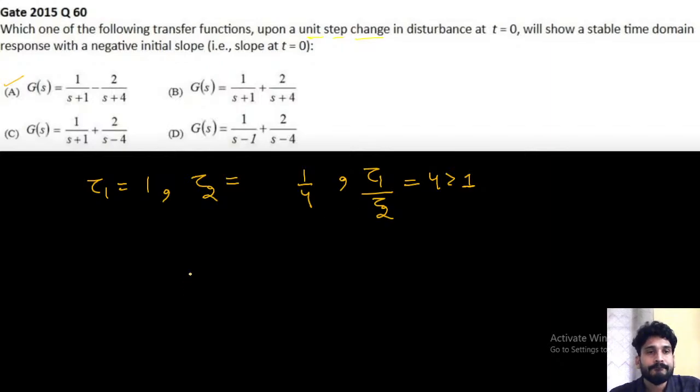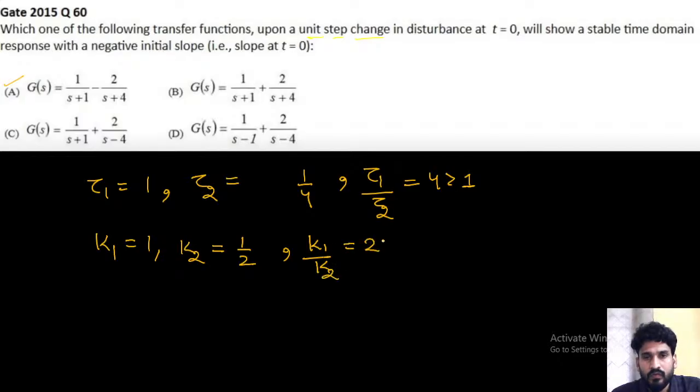Also my K1 is equal to 1 and my K2 is equal to 1 by 2. So K1 divided by K2 is equal to 2, which is greater than 1. So there is no need to check other options. My A will be the answer of it. It is clear.